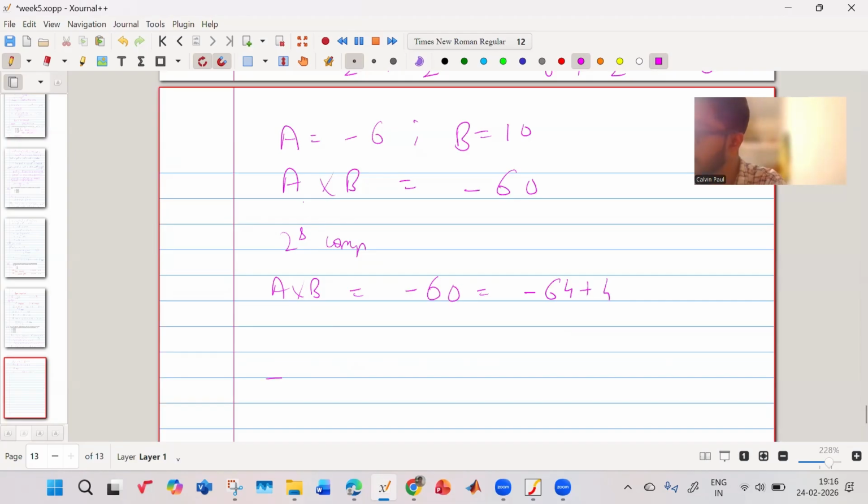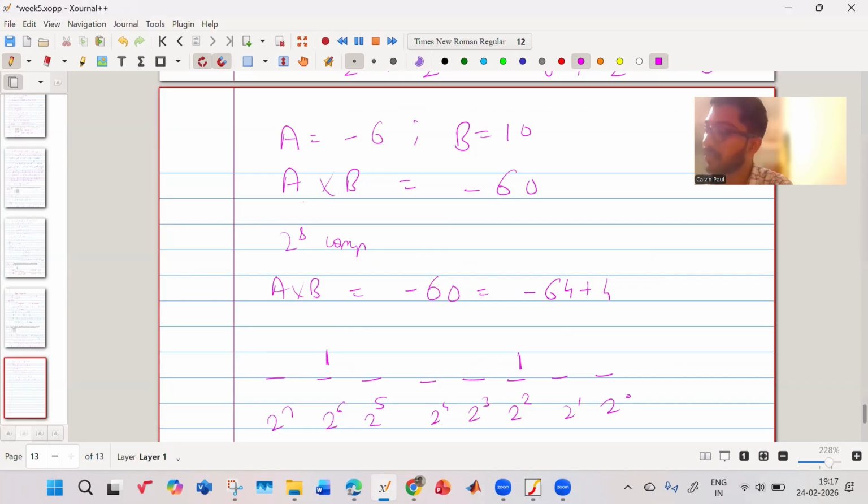So if you again take this, there's 2 raised to 0, 2 raised to 1, 2 raised to 2, 2 raised to 3, 2 raised to 4, 2 raised to 5, 2 raised to 6, 2 raised to 7. 2 raised to what is 64? 2, 4, 8, 16, 32, 64. So it is 2 raised to 6. So this should be 1, and plus 4 means 1.